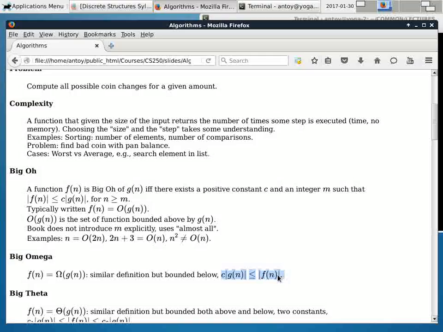Here I can simplify, and I have C less than or equal to n, right? And so when C is less than or equal to n, when C is equal to 1, right?